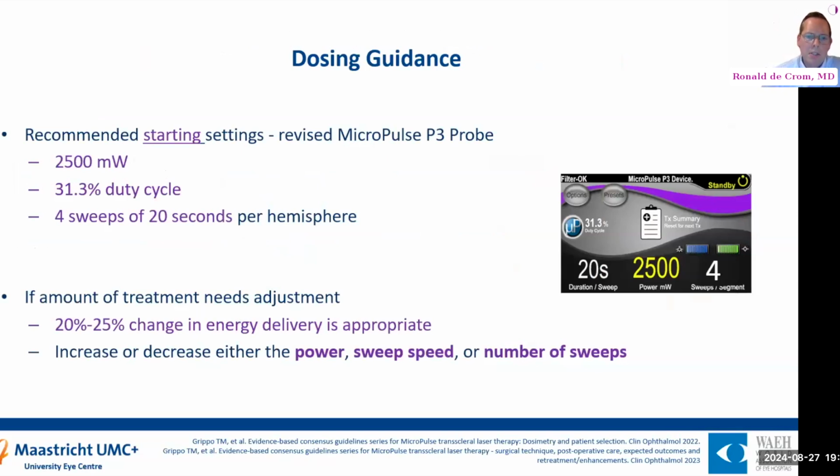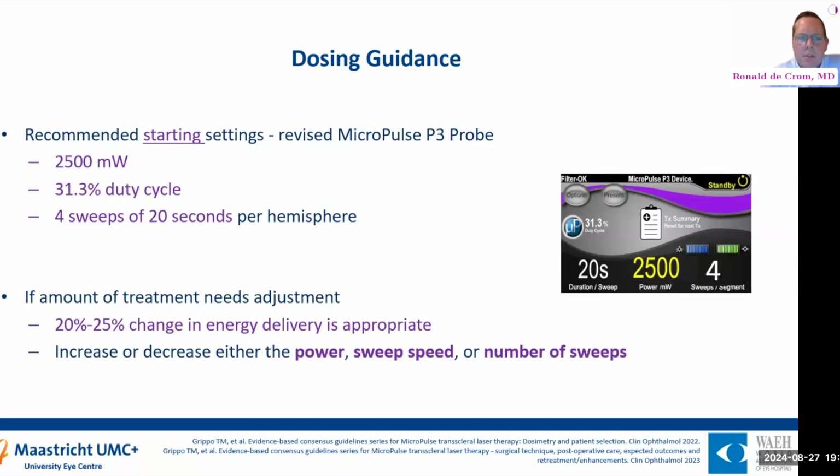With our consensus panel, we recommend some starting settings if you want to start with the treatment. The starting settings are mentioned here on the slide: 2500 milliwatts, a fixed duty cycle, and 4 sweeps of 20 seconds per hemisphere. I think these are the minimum settings.